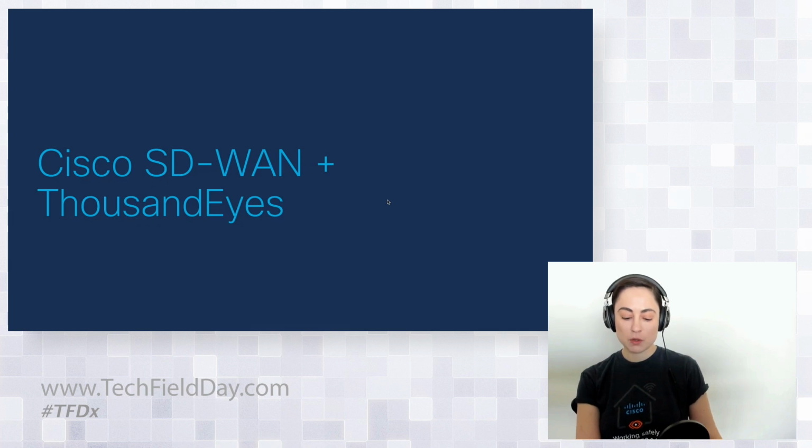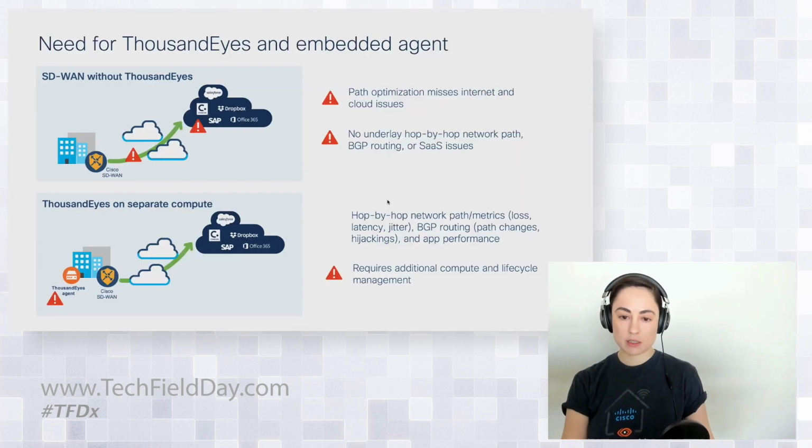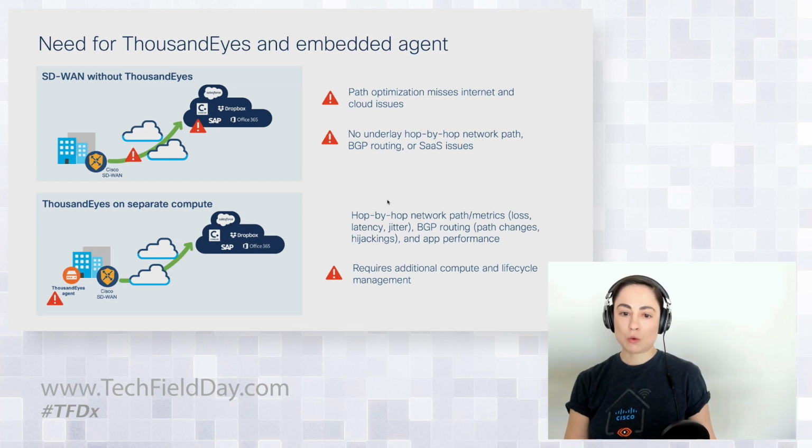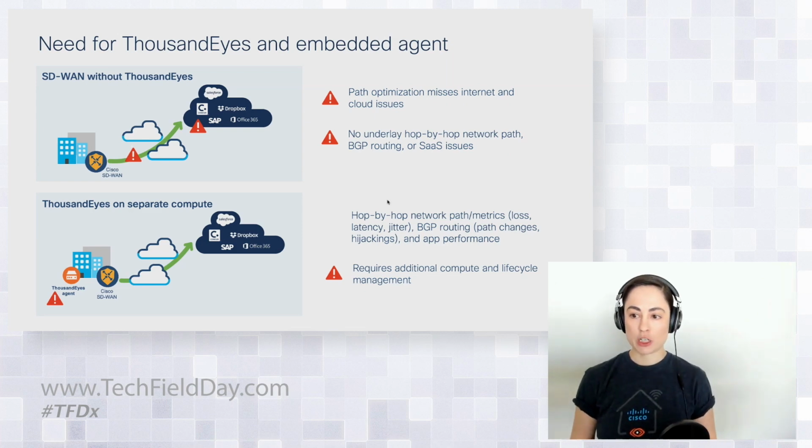So in terms of the visibility that we're providing and extending from a Cisco SD-WAN standpoint, just at a high level, with Cisco SD-WAN you obviously have some visibility that allows you to optimize path selection.